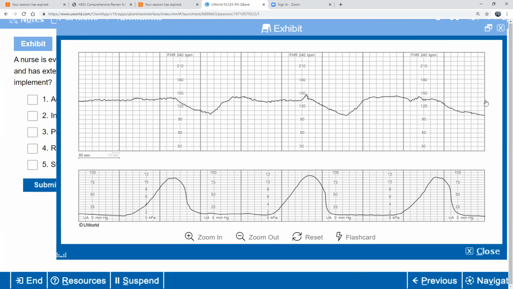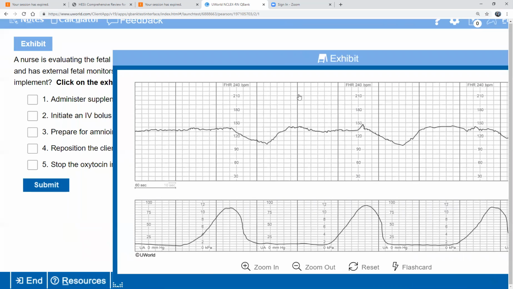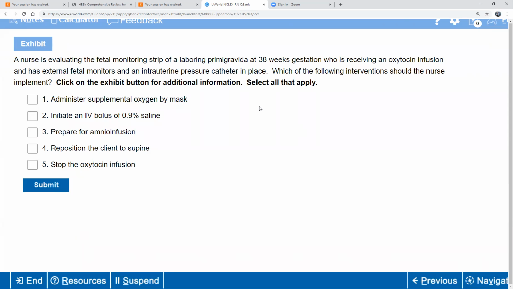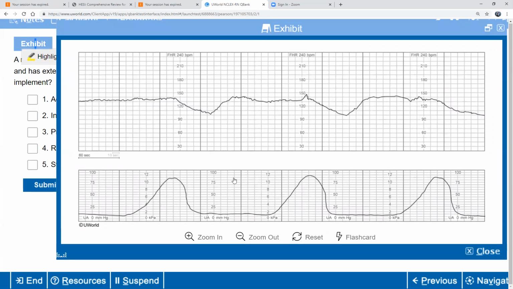So if we're looking at right here, from here to here is deceleration. So the question is asking, hold on a second. The question is saying you're evaluating the strip of a primigravida at 38 weeks gestation in labor. She's currently receiving oxytocin. She has the external fetal monitor applied and an intrauterine pressure catheter in place. What intervention should you implement based on the fetal heart rate? Okay. Now we want to see the fetal heart rate.